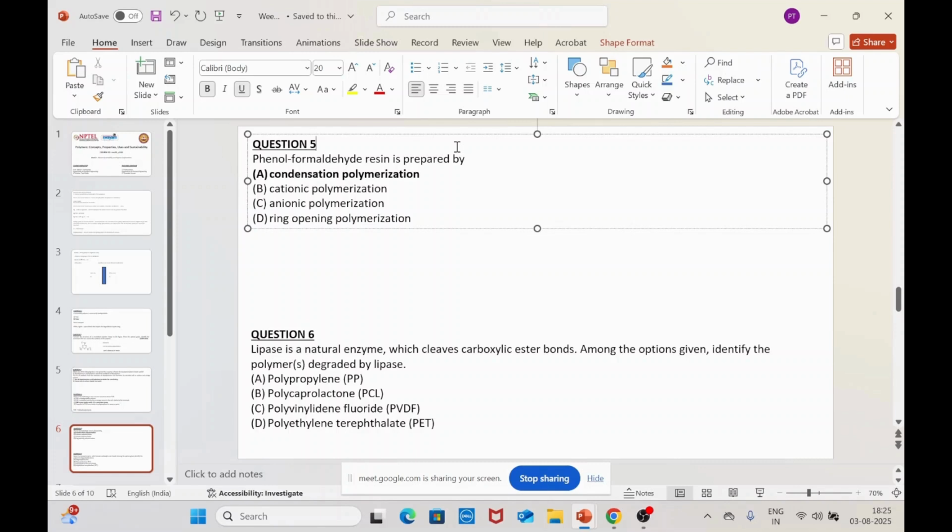Lipase is a natural enzyme which cleaves carboxylic ester bonds. As I said, PHB and PLA all have these ester bonds. They are typically polyesters, and natural enzymes like lipase cleave their carboxylic ester bonds. Among them, identify the polymers that can be degraded by lipase.